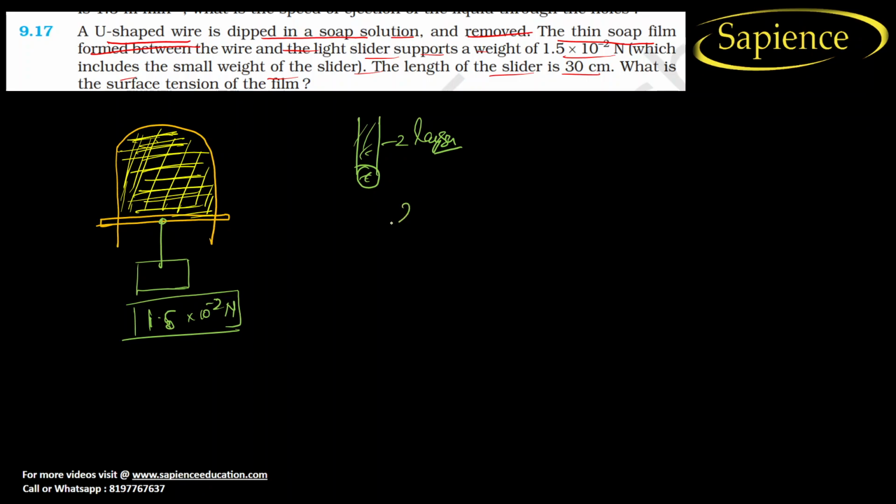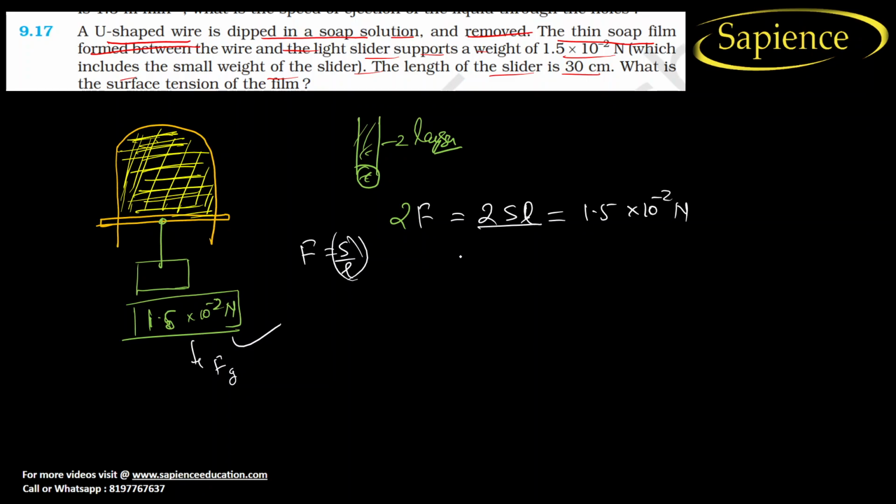The force is equal to surface tension times length, so this is equal to 2SL. And this 2SL is balanced by the force due to gravity in the downward direction, which is 1.5 into 10 power minus 2 Newton.